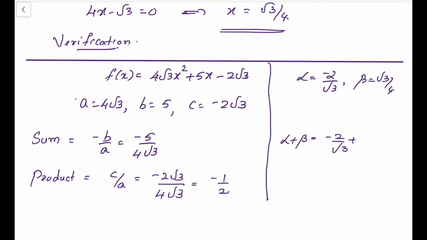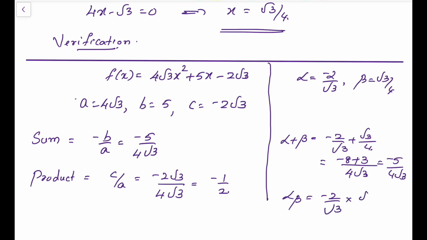Now here alpha plus beta is equal to minus 2 by root 3 plus root 3 by 4. Taking the LCM, 4 root 3. So 4 minus 8 plus 4 root 3 divided by 4 root 3. Root 3 into root 3 is 3. So you will get minus 5 by 4 root 3.